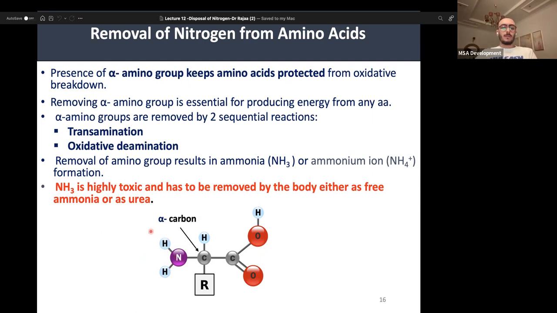Let me not overwhelm you with chemistry names. This group is called the amino group, which basically stands for ammonium. NH2 is ammonium. This group in the middle is called the R group, and this is the carbon group.